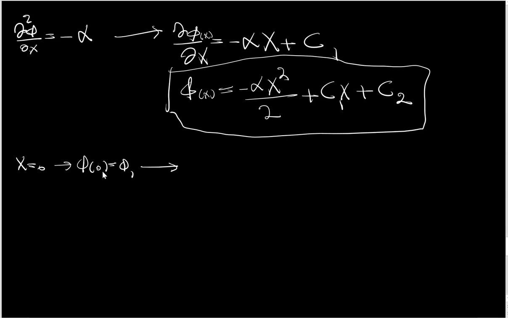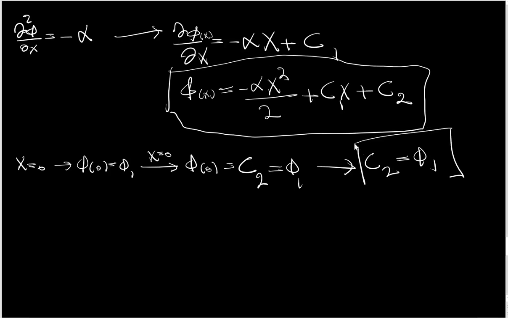If I plug this into this equation and put x as 0, this term will be 0, this term will be 0, only c2 will remain. This equals phi 1, so c2 is phi 1. This is the one unknown that I had.